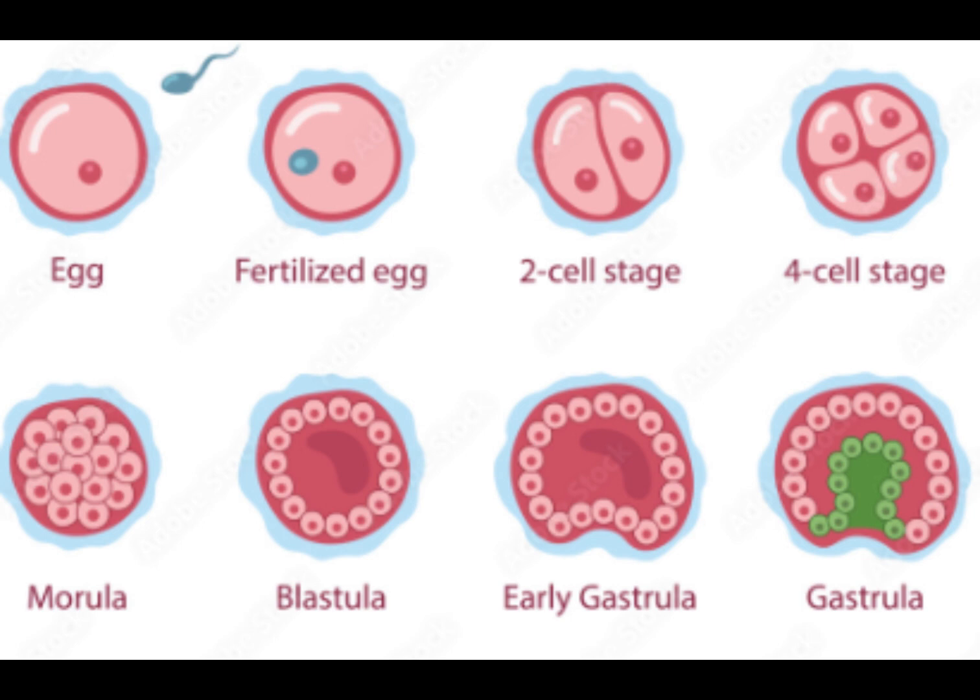This cycle is continuously happening during your reproductive years, from starting your period to menopause around the age of 50. In a cycle that ends with pregnancy, there are several steps.